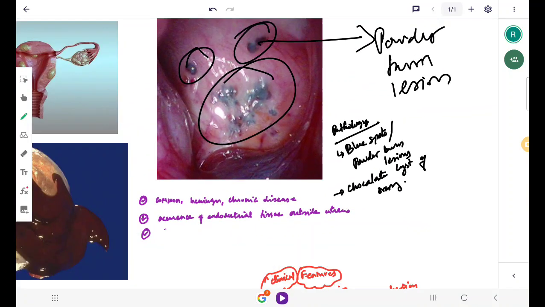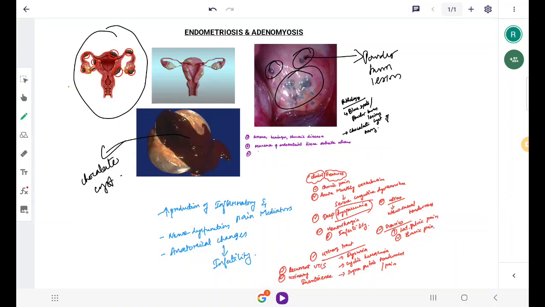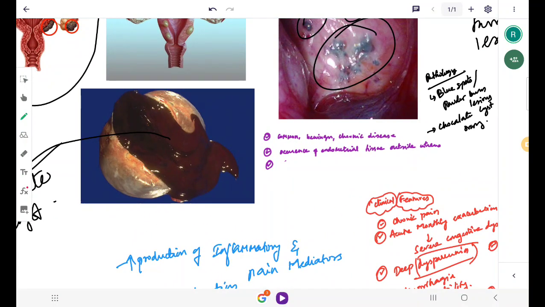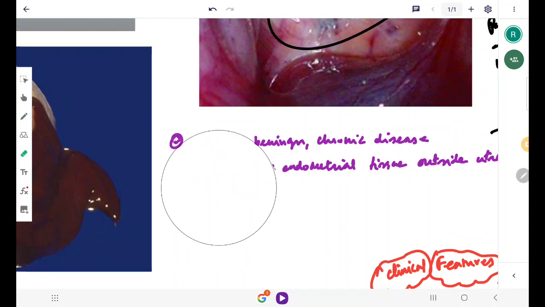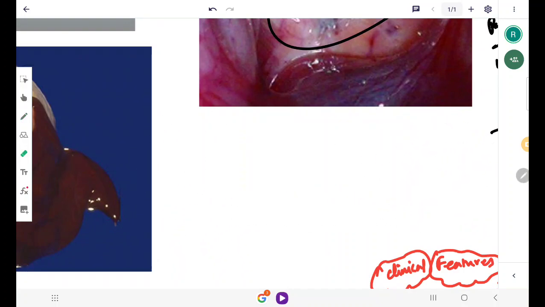It keeps collecting and forms a cyst that looks like chocolate, and it's called the chocolate cyst. You also have scarring and adhesions in the fallopian tubes as well.